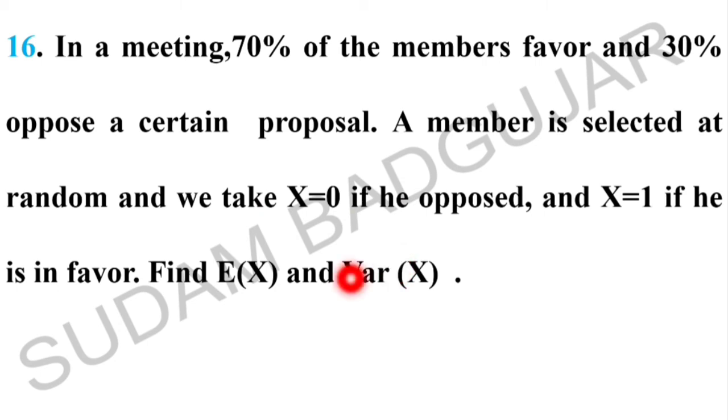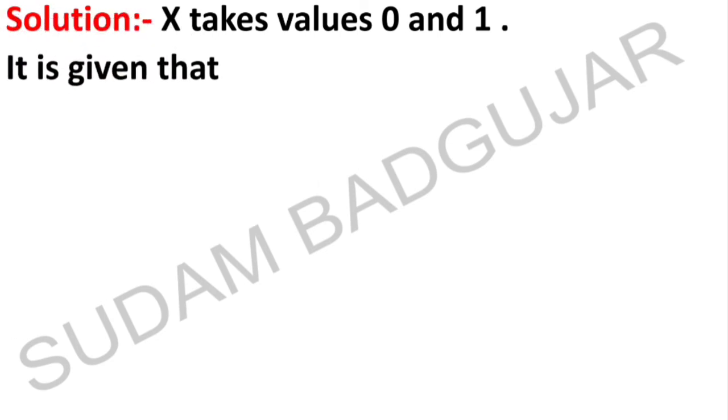See, in a meeting 70% of the members favor and 30% oppose a certain proposal. Means x is 0, then he opposes, and x is 1, then he favors. Here both values are given. Means 70% means 0.7 and 30% means 0.3.